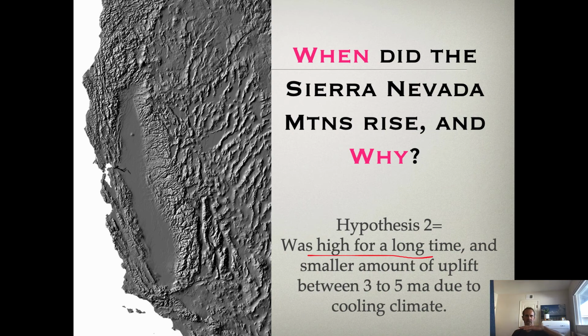That might have been a few thousand feet lower, but then as these glaciers formed and removed material, isostatic rebound caused the mountains to come back up. So these are two different explanations proposed for the development of the modern Sierra Nevada.